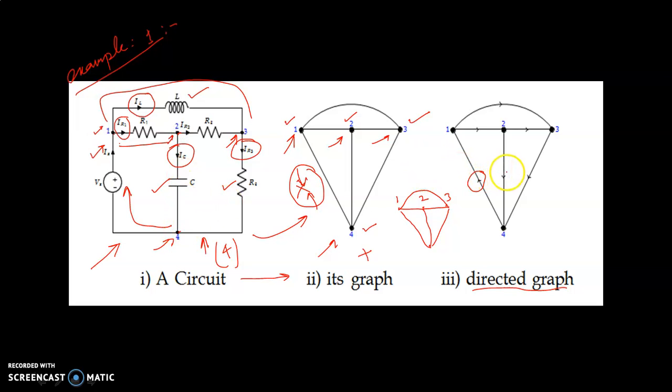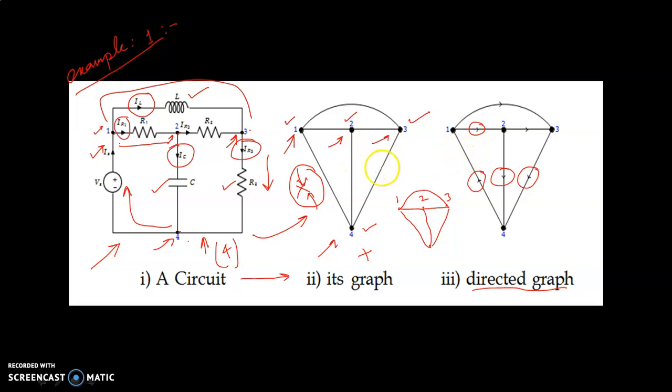In the path between node 3 and node 4, the direction is downward, IR2, that is from 3 to 4. Between 1 and 2, the direction is from 1 towards 2.